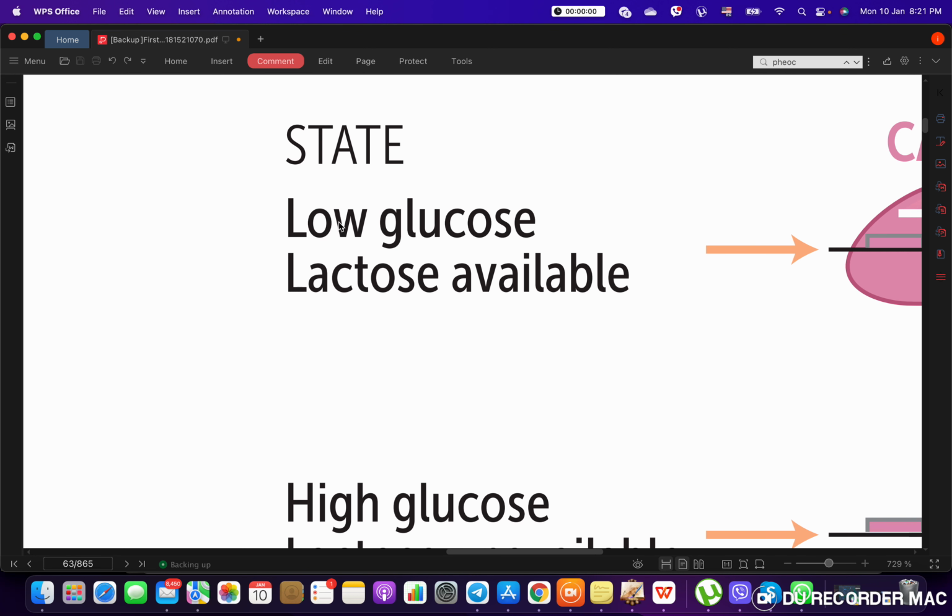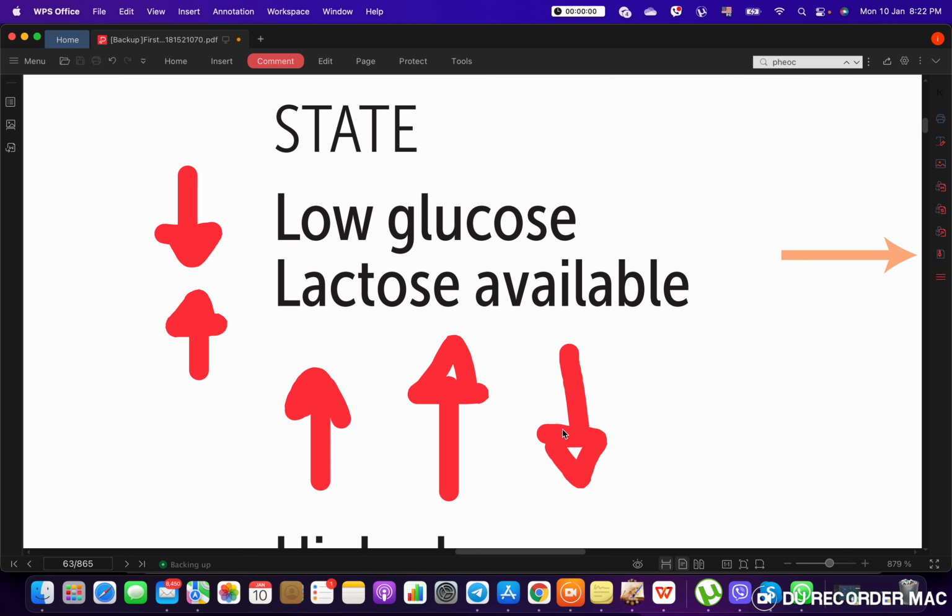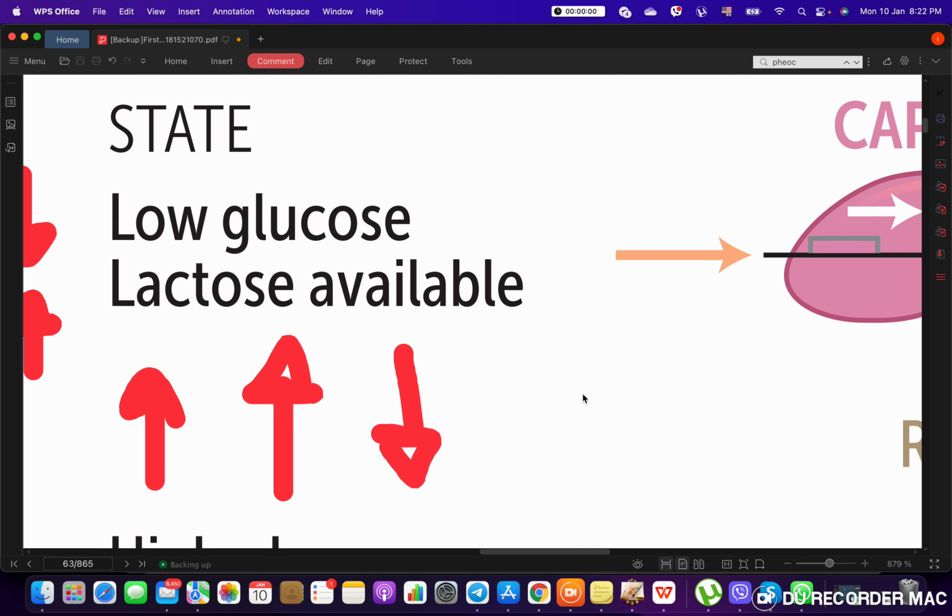Okay, let's speak about the following stories. If you have low glucose and high lactose, step by step, what is going to happen to your cyclic AMP? In this state, cyclic AMP up, CAP activity up, repressor activity down because what binds to the repressor? The lactose. Nice.